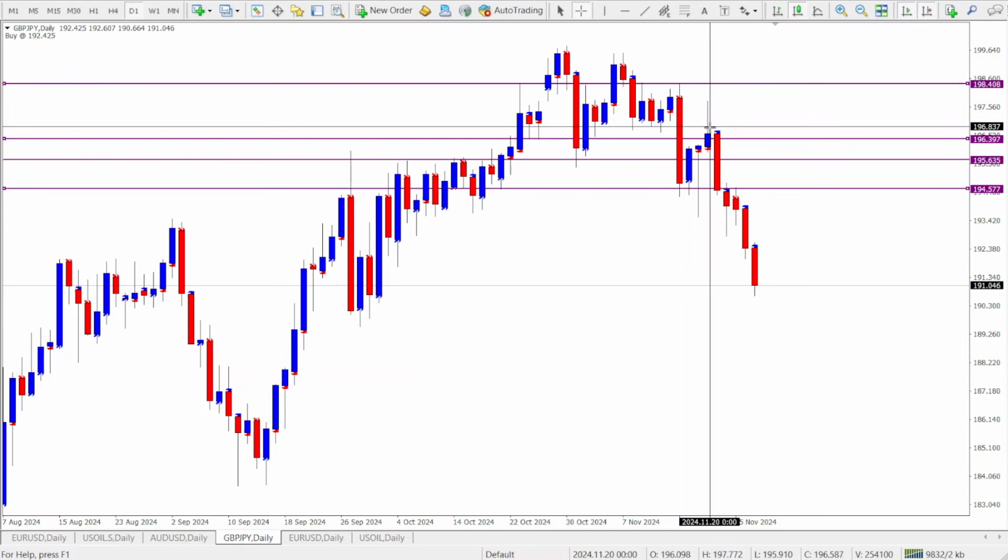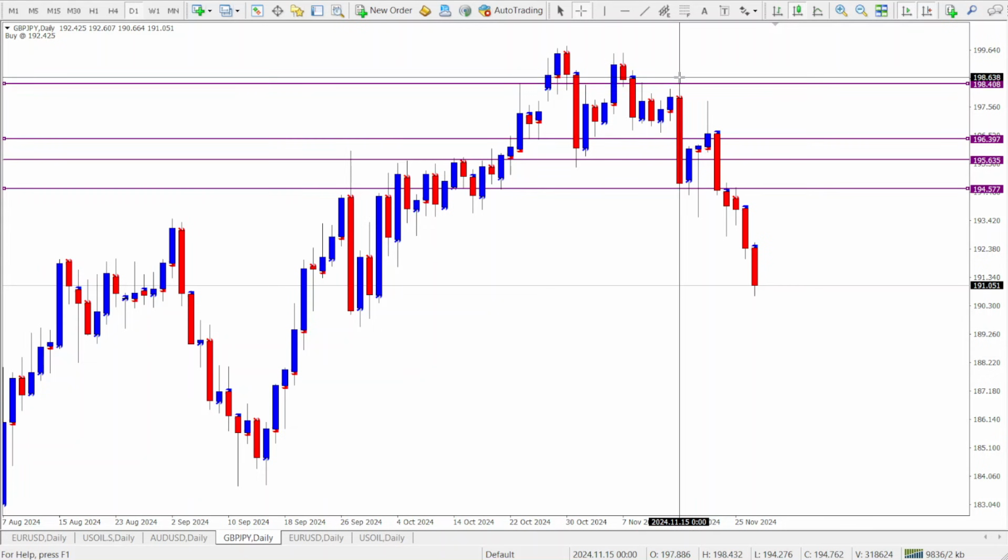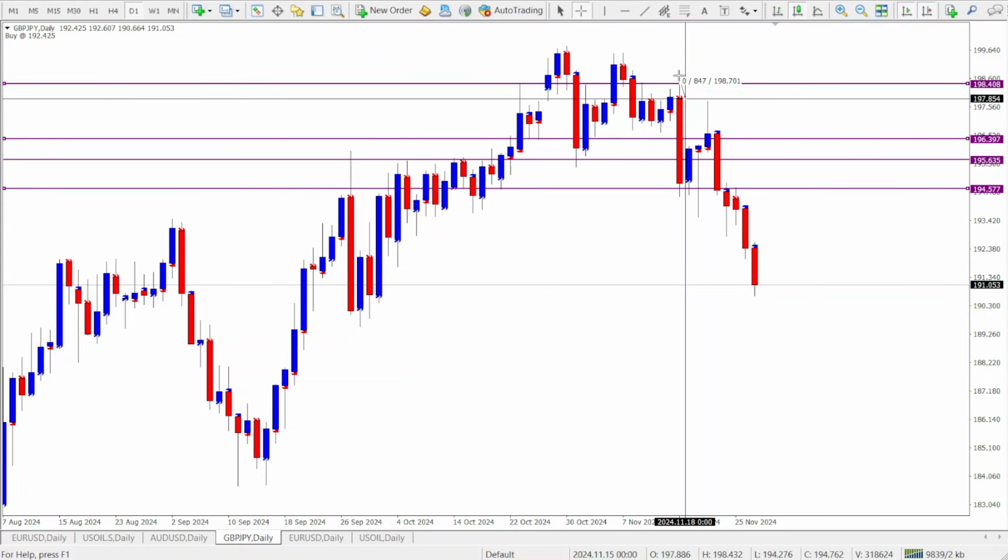So let's say we risk $10, we entered here, which will be about, let's say, 80 pips above this resistance, and we ended up capturing, let's say, 2,900 points.